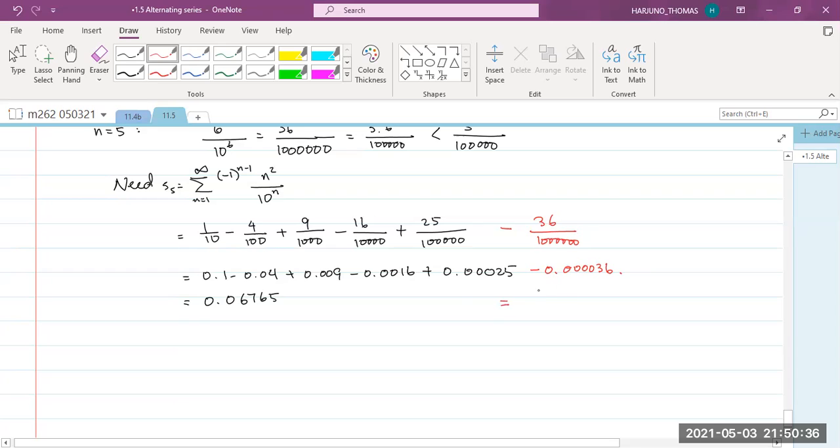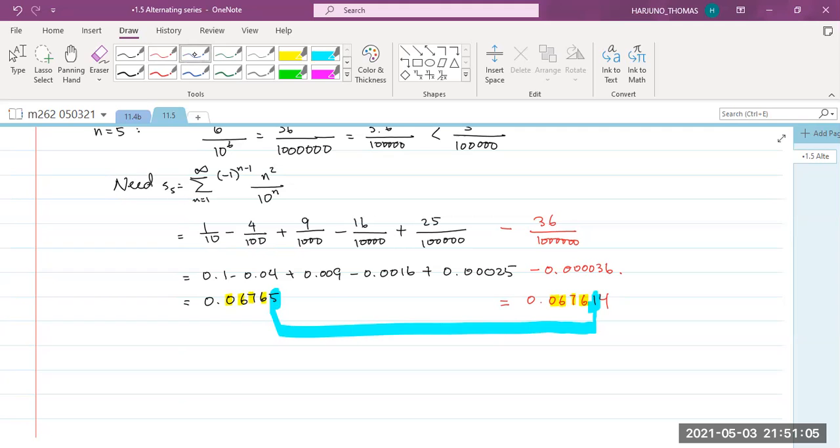If I include the next term, I will get 0.067614. Now let's see how accurate it is. 1, 2, 3, 4. The fifth decimal place is 5 and 1. So the error here is already less than 0.000036.